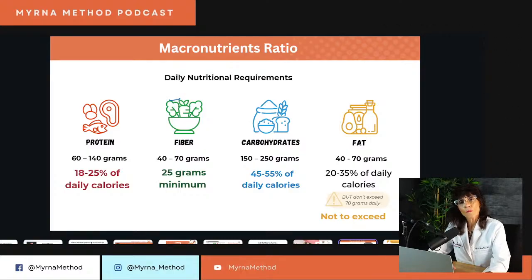Macronutrient ratio. There is a reason why protein, fiber, carbs, and fat need to be at a certain ratio for the day and at meals. This is not weird, quacky stuff. Registered dietitians, we're in the thousands. We get licenses understanding the importance of these macronutrients and the role they play in our body metabolically.